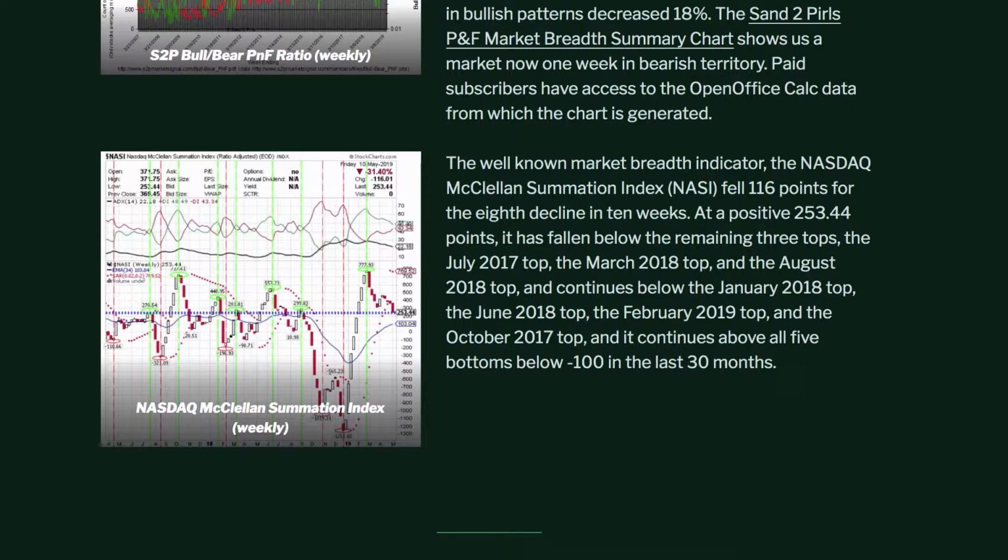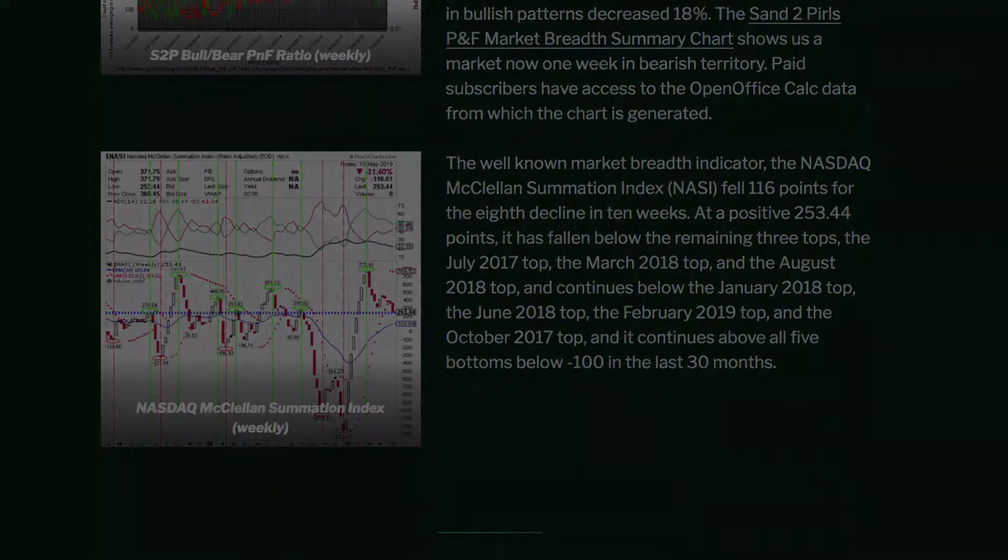It has fallen below the remaining 3 tops, the July 2017 top, the March 2018 top, and the August 2018 top, and continues below the January 2018 top, the June 2018 top, the February 2019 top, and the October 2017 top, and it continues above all 5 bottoms below minus 100 in the last 30 months.